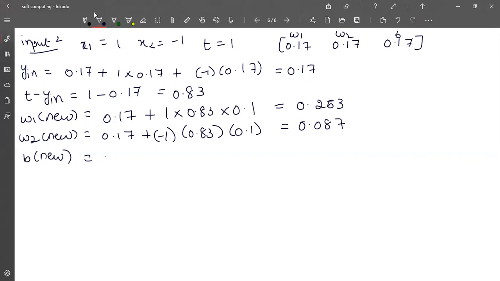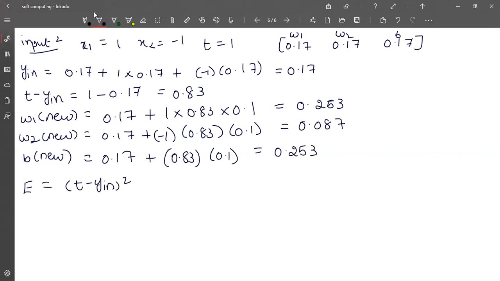Old bias is 0.17 plus t minus Yin 0.83 into alpha 0.1. So this we will be getting 0.253. Now we have to calculate error value, that is t minus Yin whole square. So 0.83 square. So we will be getting 0.6889.